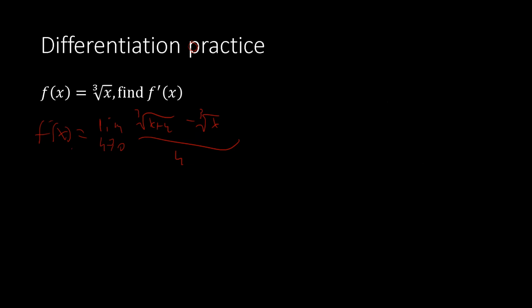So we're going to multiply by a squared, which is x plus h to the 2/3 power, plus ab. So that's going to be the cube root of x plus h times x squared, times x, which is just going to be x squared plus xh, plus x to the 2/3 power.